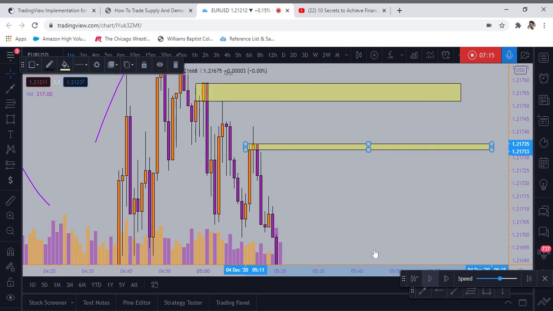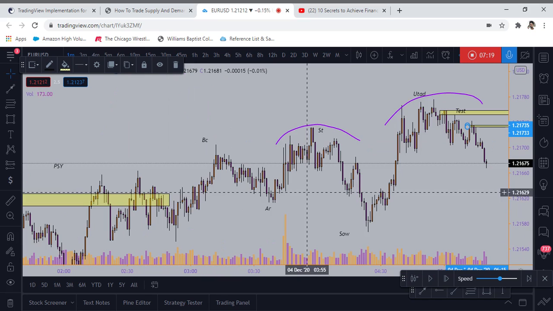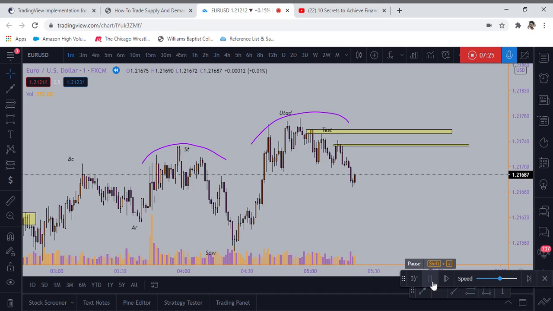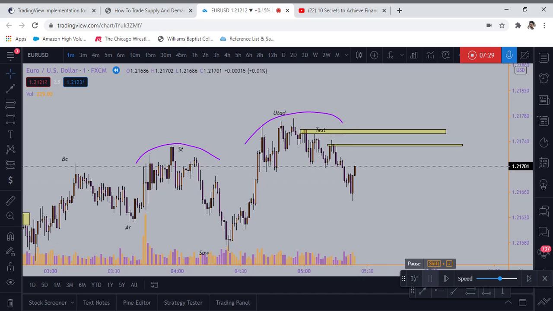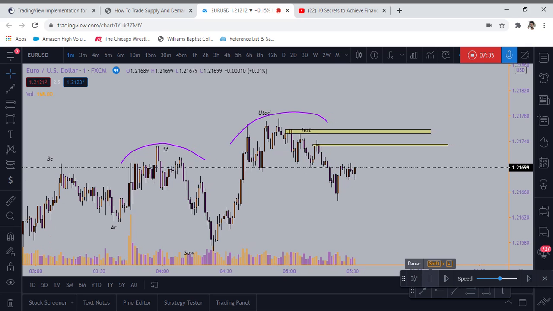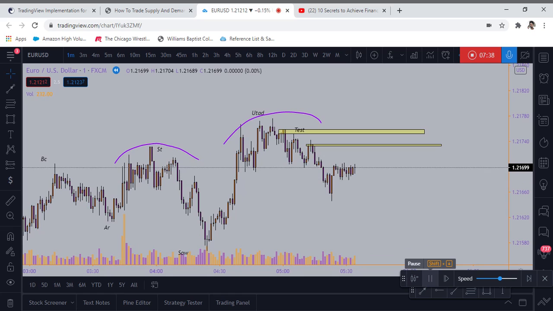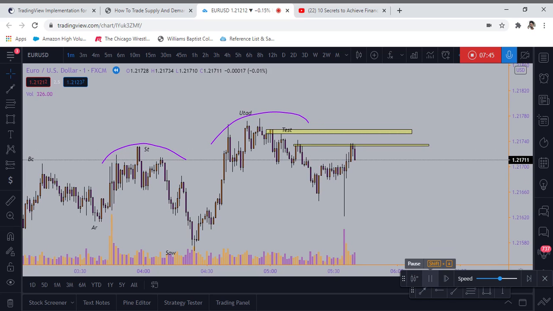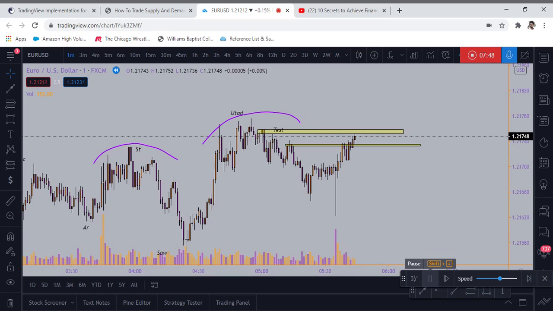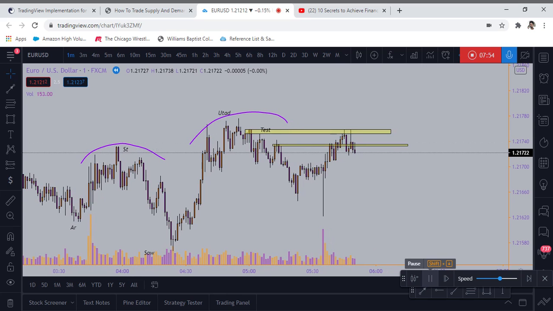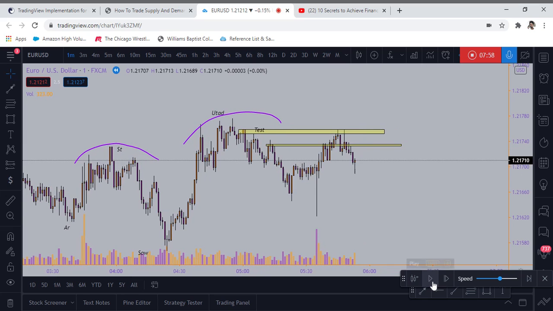So let me zoom out some so we can see it. All right, let me stop that.